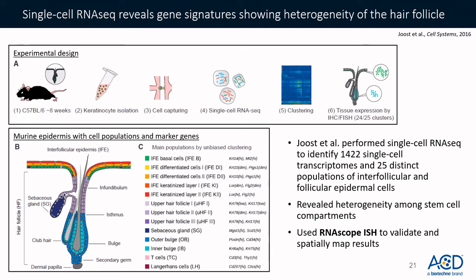So in this particular publication, researchers from the Karolinska Institute performed a single cell RNA sequencing to identify 1,422 single cell transcriptomes and 25 distinct populations of interfollicular and follicular epidermal cells. They further then used the RNAscope assay to validate their results with the correct spatial organization and reveal heterogeneity among the stem cell compartments.